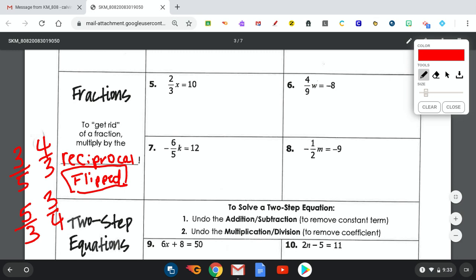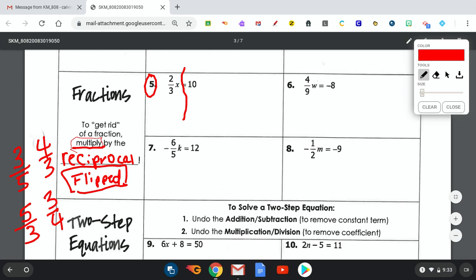Okay? So if I look at number 5 here, basically it says to multiply by the reciprocal to get rid of the fraction. So if I look here, again, I got my balance line. I have a fraction, so I want to get rid of the fraction. So it tells me to multiply by its reciprocal.